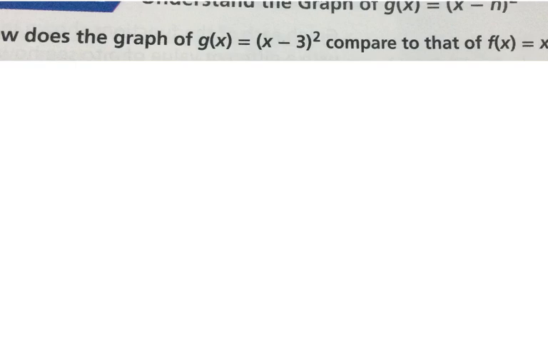Negative 2 squared is 4. If I plug in a 2, 2 minus 3 is negative 1. Negative 1 squared is 1. If I plug in 3, sorry, 3 minus 3 is 0. 0 squared is 0.